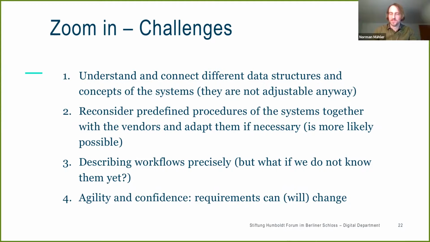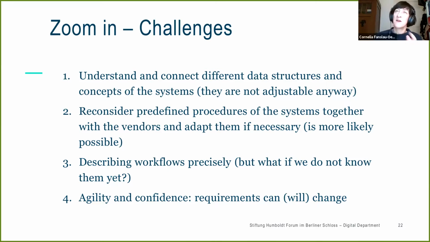So those are the challenges at the moment. It's hard to say what the biggest challenges are, but if you asked me now, I would say these four points. We have to understand and connect different data structures and different concepts of systems, the DAM on one side and the collection management system on the other.